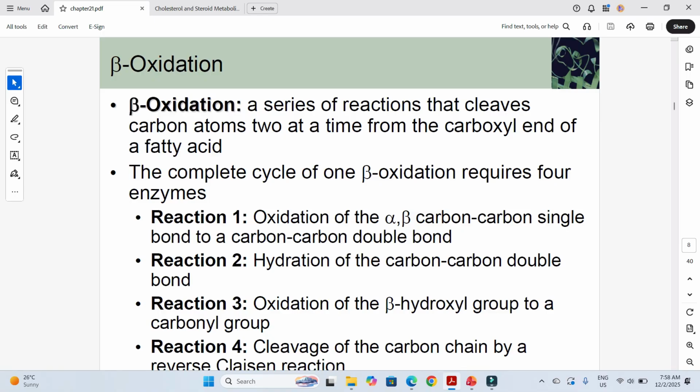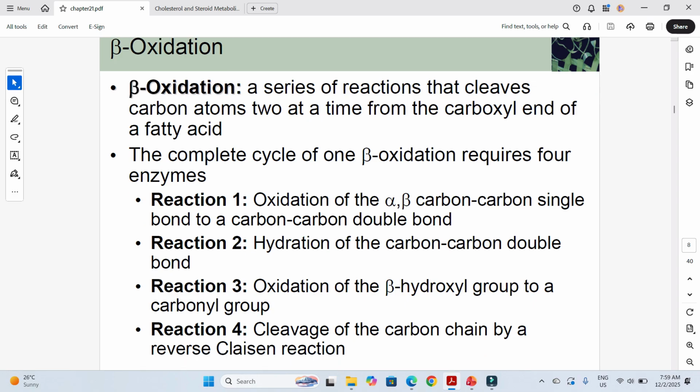Reaction 2 involves a nucleophilic addition reaction, a conjugate addition reaction. It involves the hydration of the carbon-carbon double bond into a beta hydroxy thioester. Reaction 3 involves the oxidation of the beta hydroxyl group to a ketone or carbonyl group.